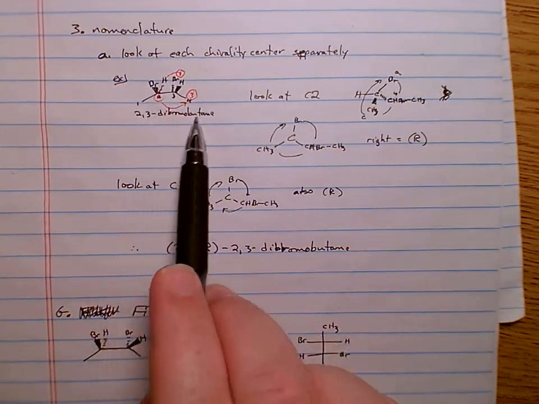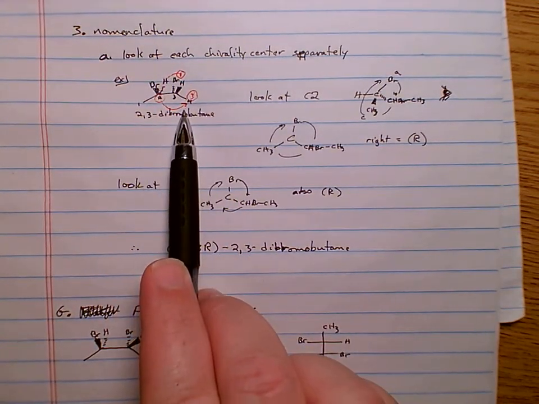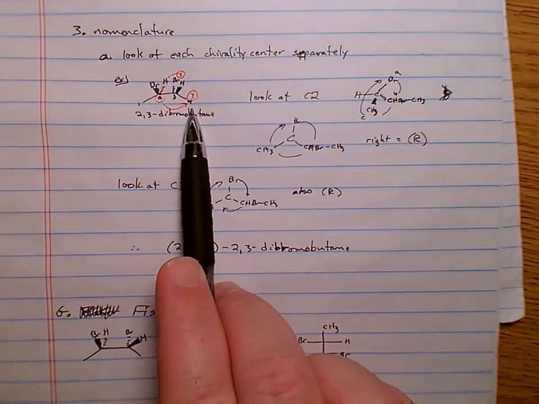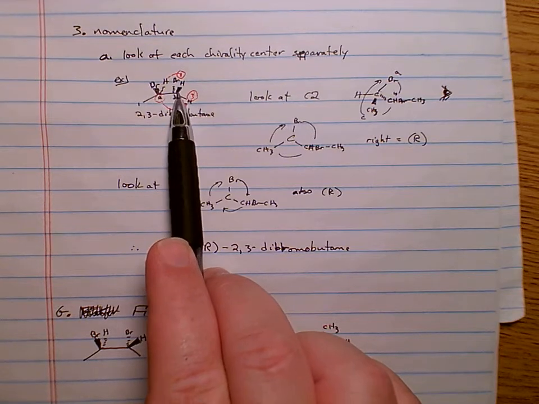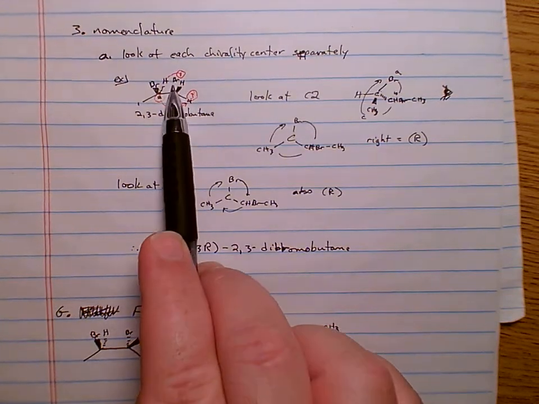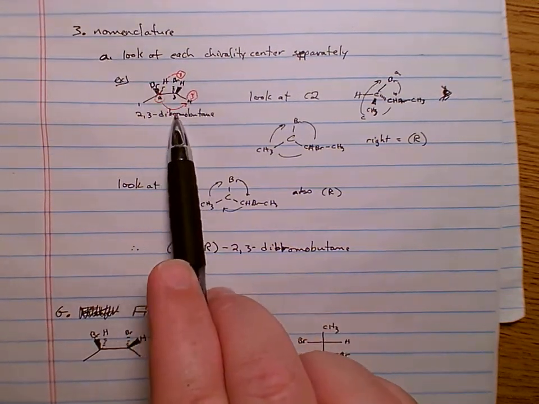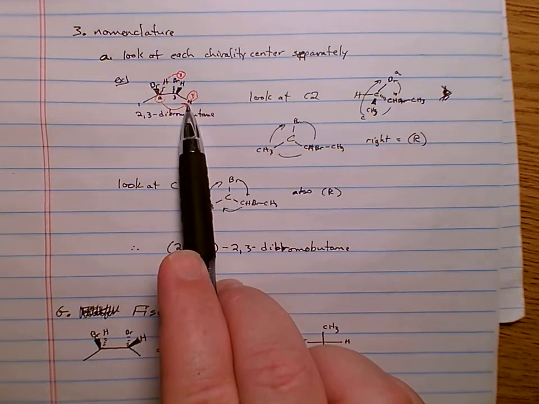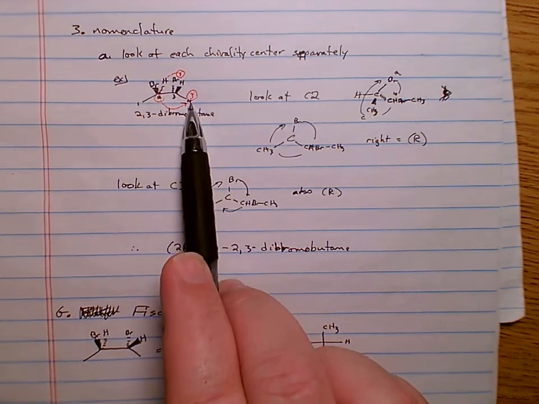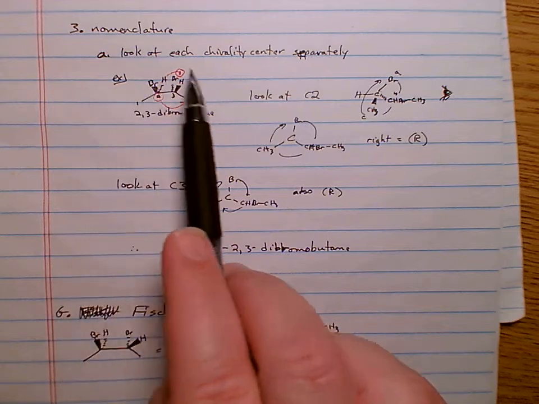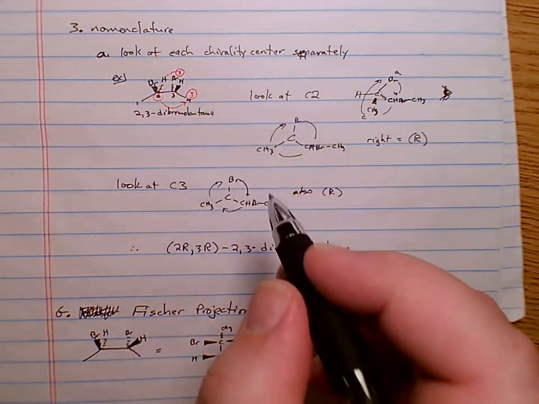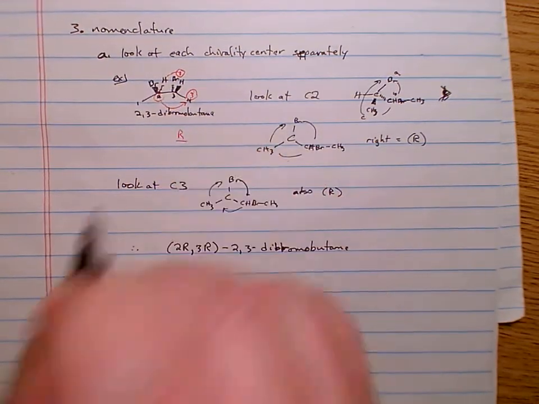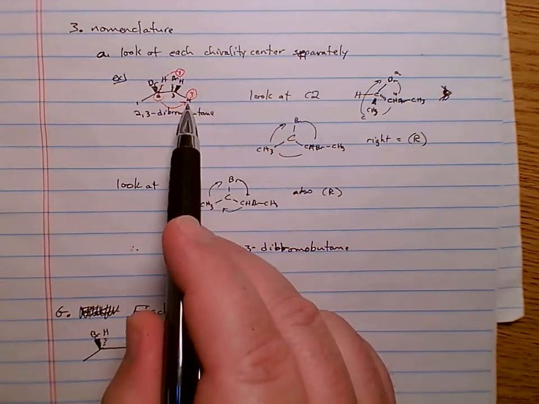Now, since it is going counterclockwise, this would normally indicate that this is the S configuration. However, I did not put my hydrogen back. My hydrogen is coming out instead of going back, so I know that this counterclockwise circle is wrong, that the real one should go clockwise because I didn't put that hydrogen back like I should have. Therefore, instead of S, this actually is the R isomer also on carbon 3.